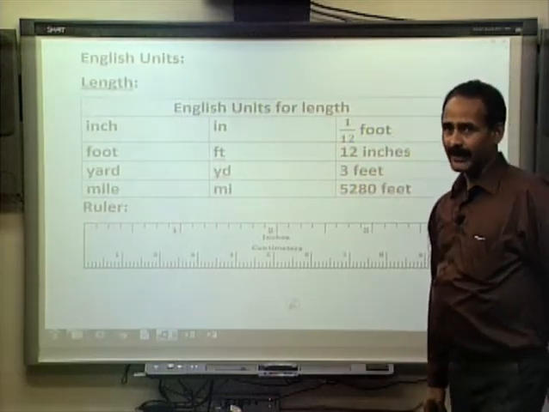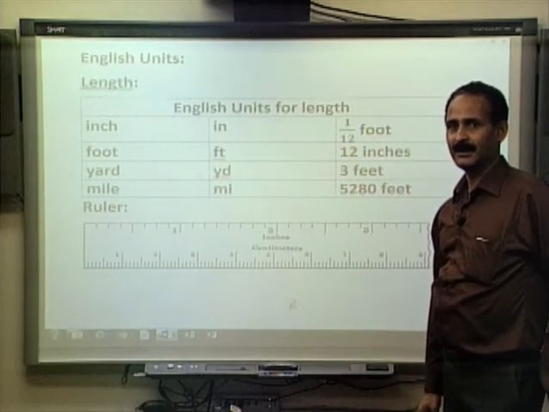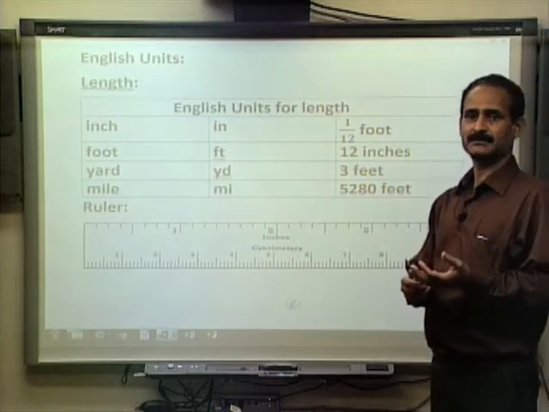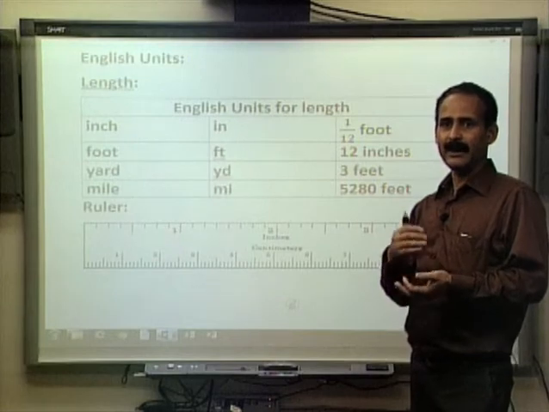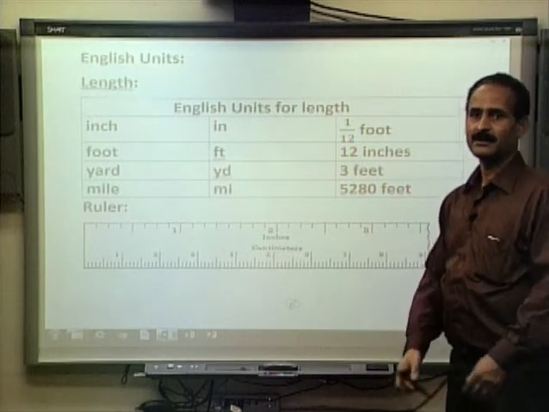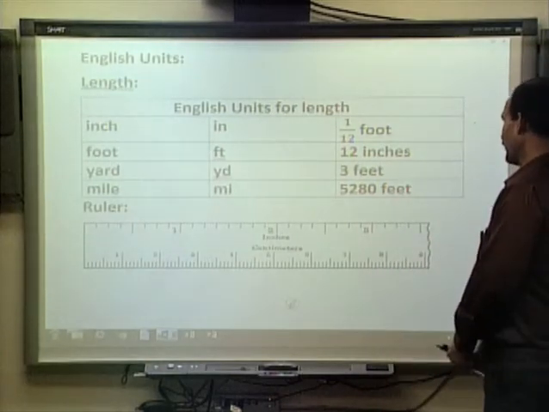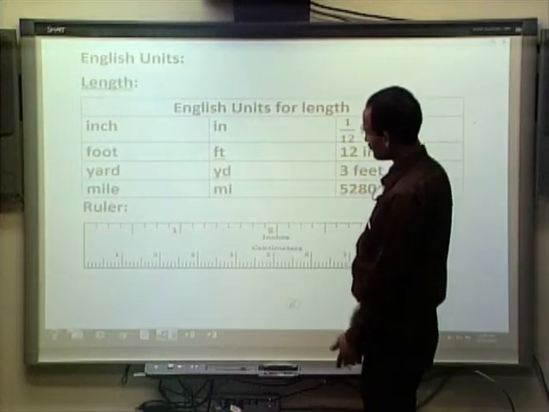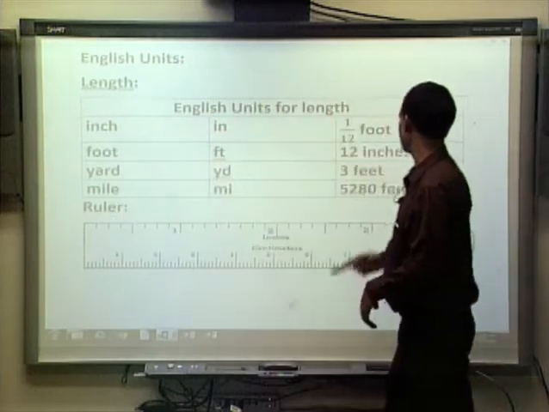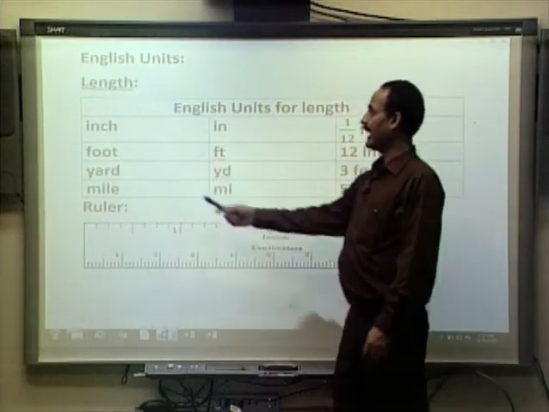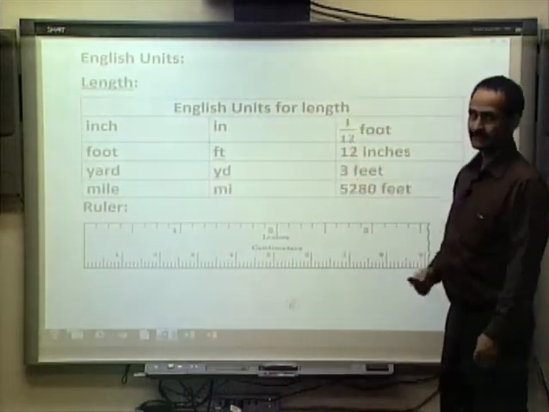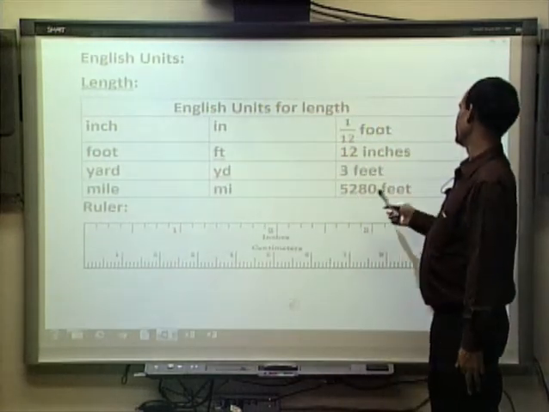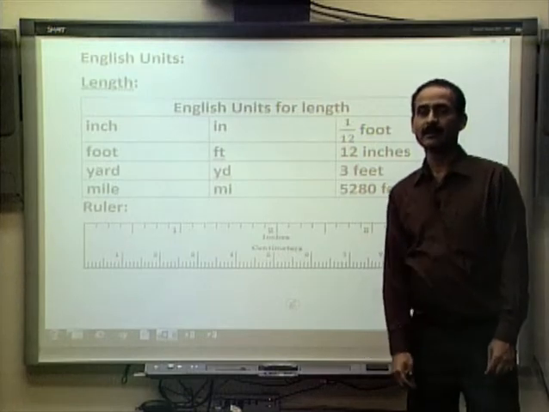The units of length in the English unit system are inch, then foot, then yard and then mile. 1 inch is 1/12 foot, that means a foot is 12 inches. By yard we mean 3 feet and by mile we mean 5280 feet.